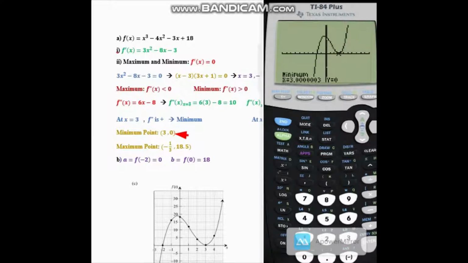Either they will ask you to use the equation of f dash to find the minimum and the maximum, or they shall say calculate the minimum and the maximum. This, as well as a big number of marks, should force you to use the manual approach. So bear this in mind.